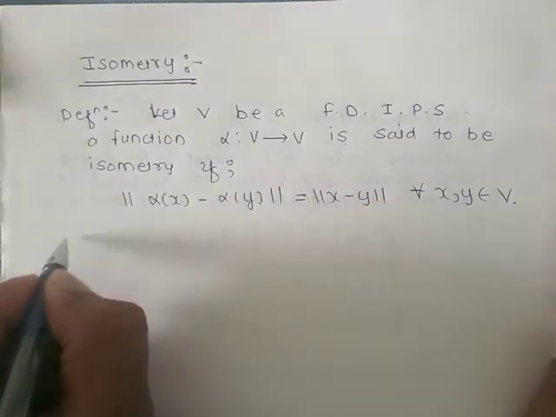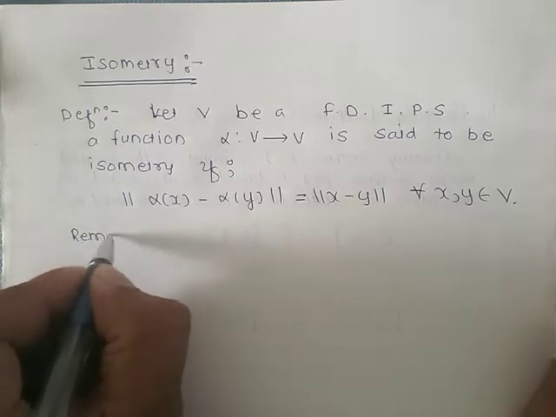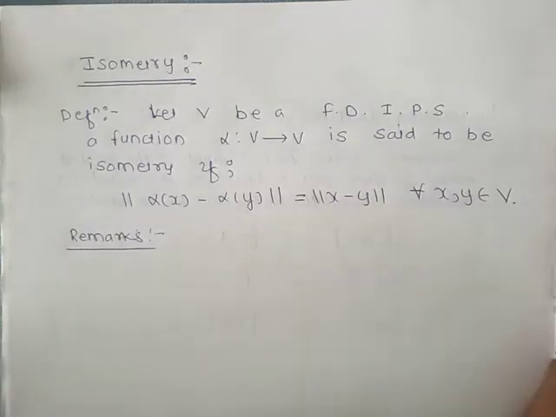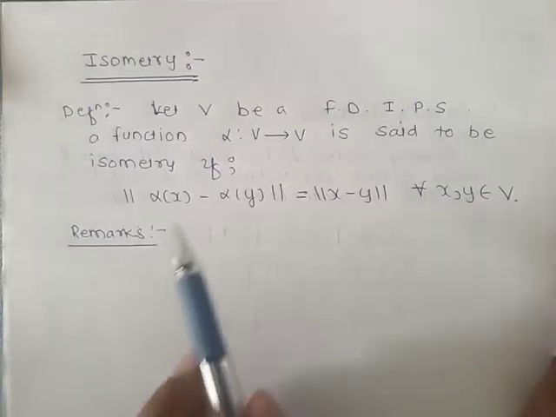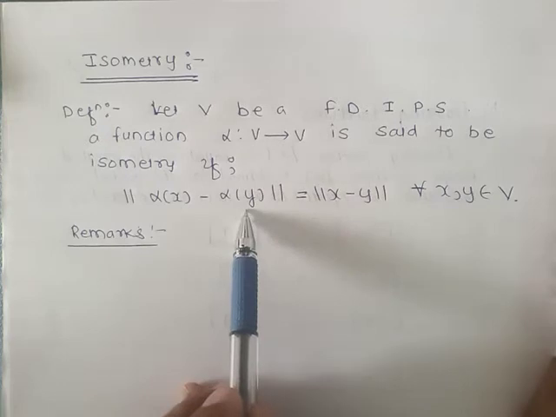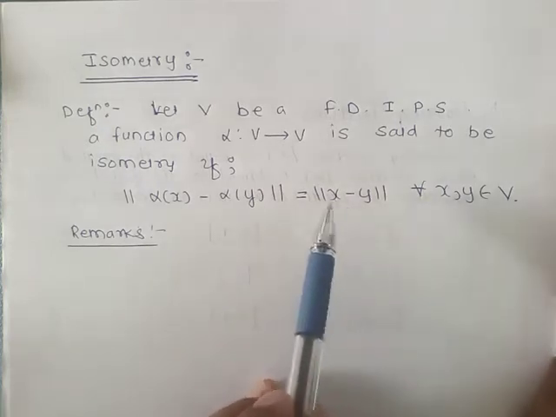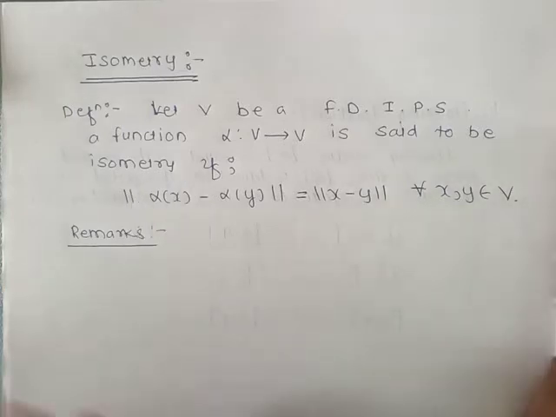There are some remarks. Isometry means it preserves the distance, that is, the distance between alpha x and alpha y is equal to the distance between x and y. रफली आपण असं म्हणू शकतो की आयसोमेट्री म्हणजे हे जे मॅपिंग आहे ते डिस्टन्स प्रिझर्व करते.